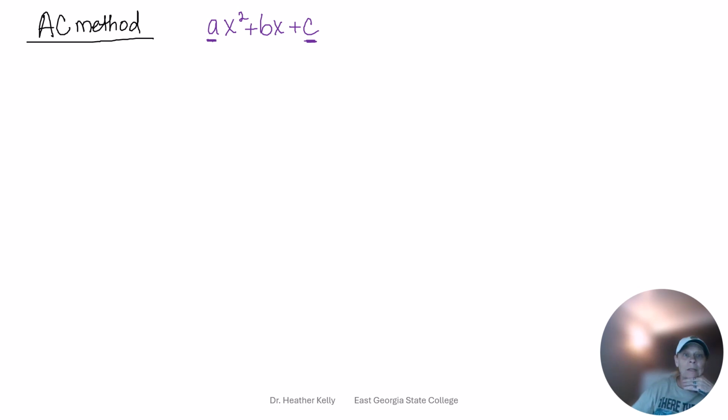Okay, so the first thing we're going to do is multiply the A times the C and make a list of the factors of that number.